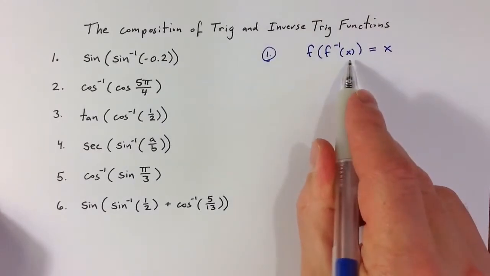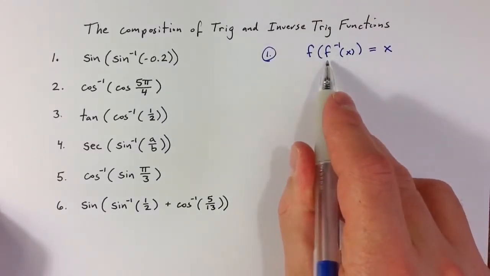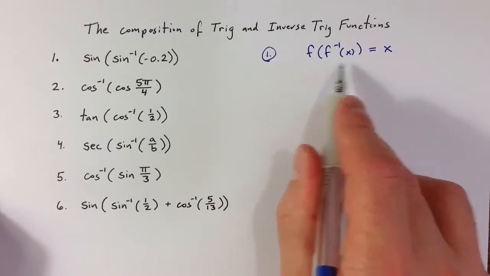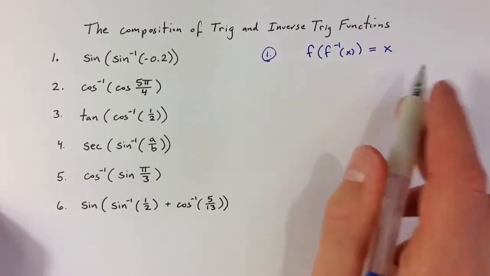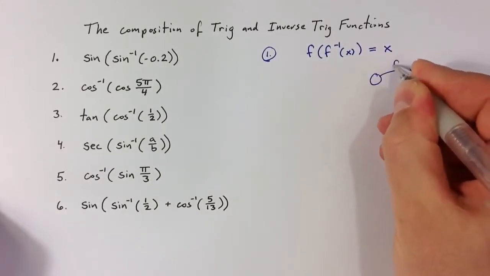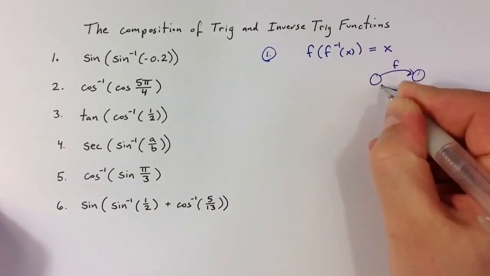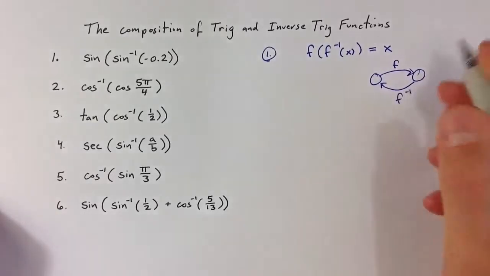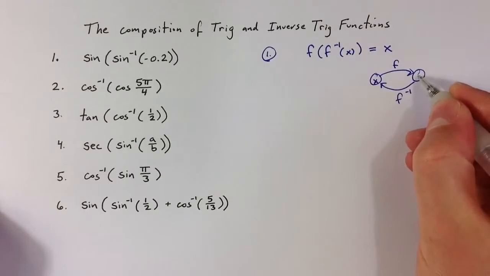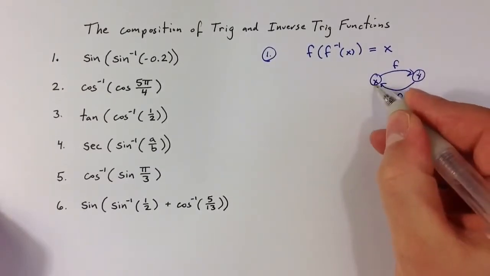If I plug x into f inverse and then apply f to that, the two functions undo each other and we just get x, because if I have a function f and an inverse function f inverse, the first function takes an input value and gives me an output value, and the second function takes it back to where we started.